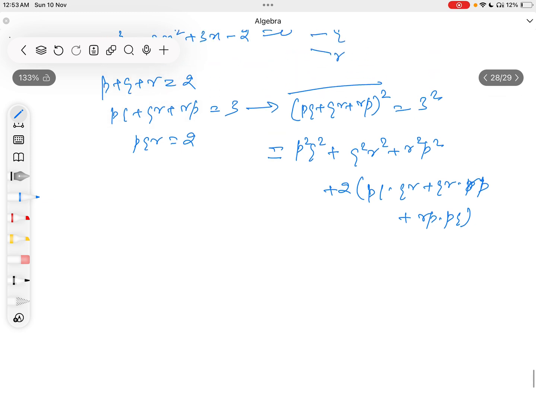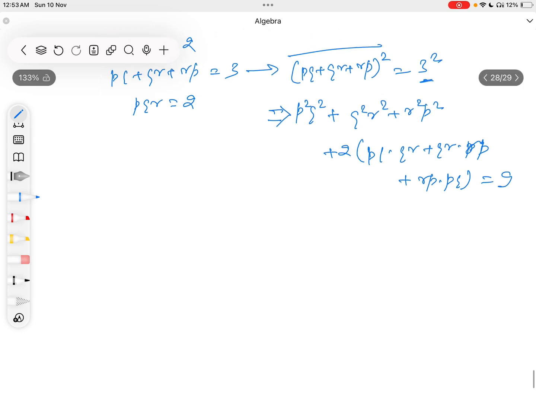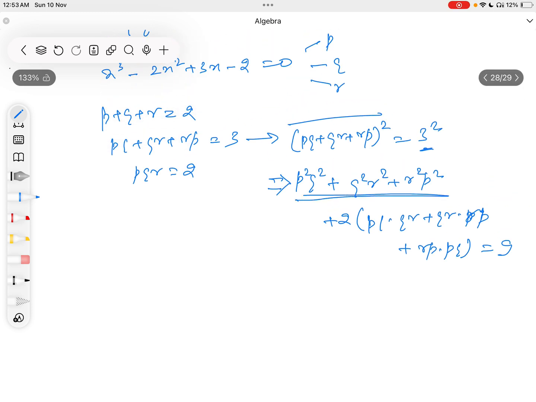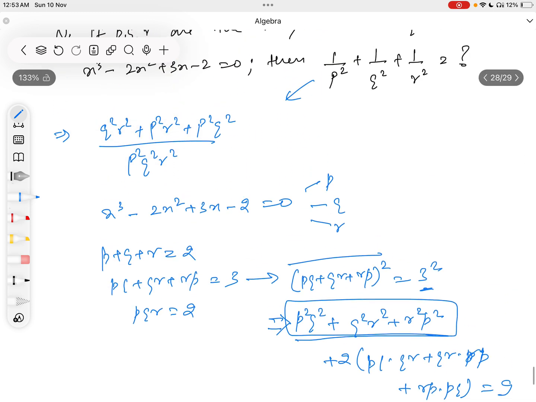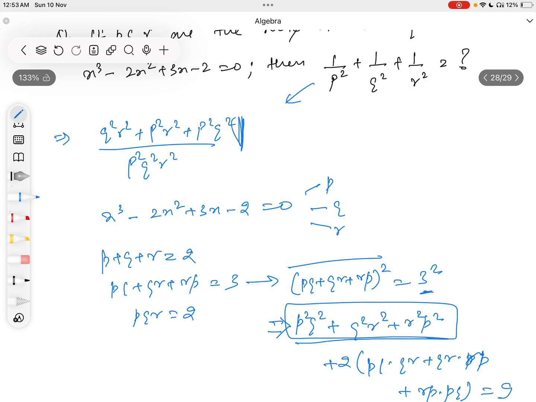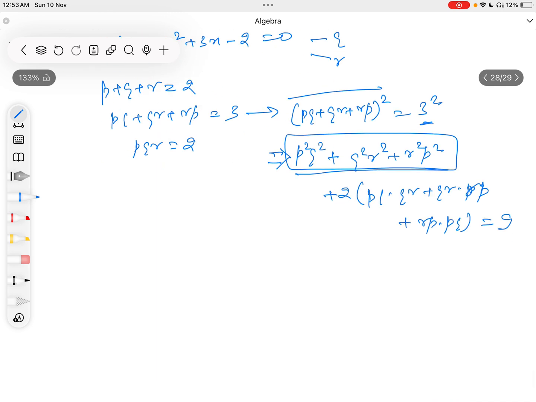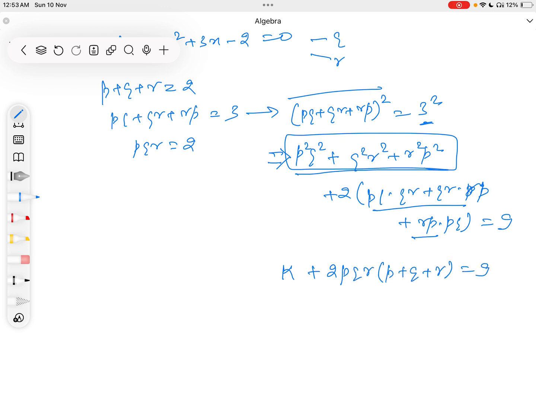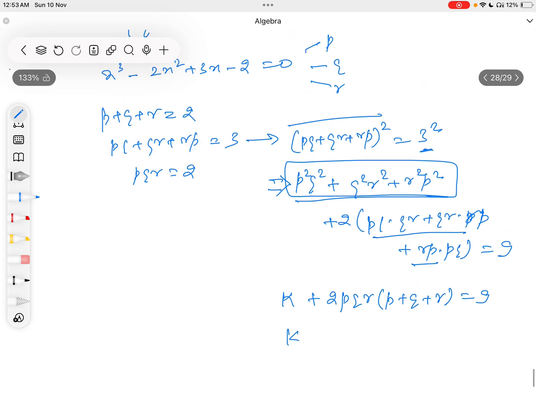Now, this is obviously equal to 9 because it is equal to 3 square. This, if you see, is exactly the same as what we need to find. So let this be k, plus 2 times of, let's take pqr common from all these three, we will have p plus q plus r remaining inside. k plus 2 times pqr, which is 2, times p plus q plus r, which is 2.